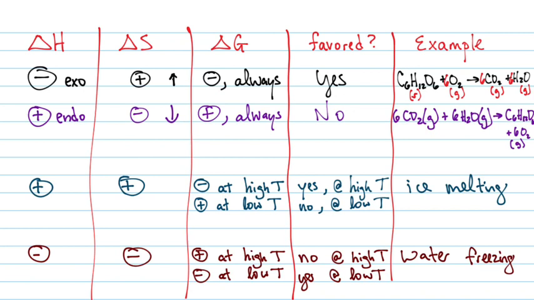And if you ever get mixed up or lost on those, you can always plug the signs into that delta G equation. You can always go back to that delta G equation to see why you get your delta G signs the way they appear there. All right, so that chart's going to be important for us to know those relative differences. Does anybody need more time on the chart? Okay.